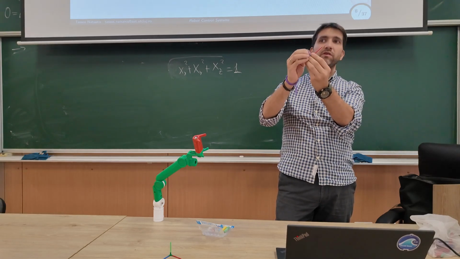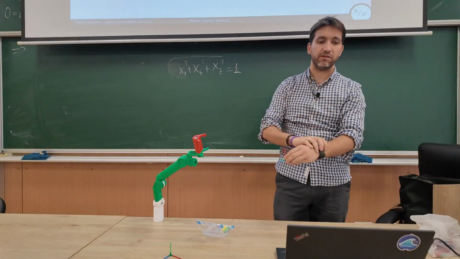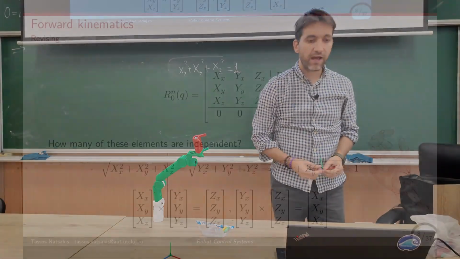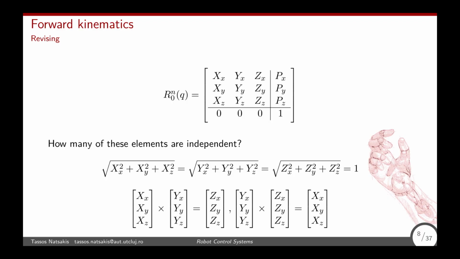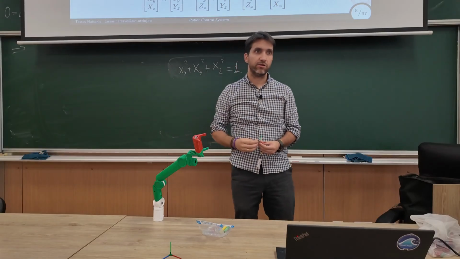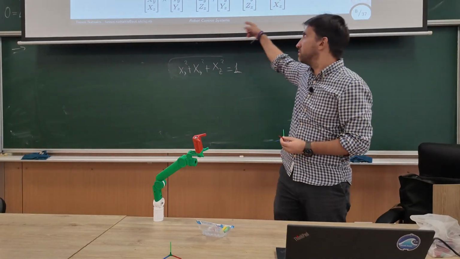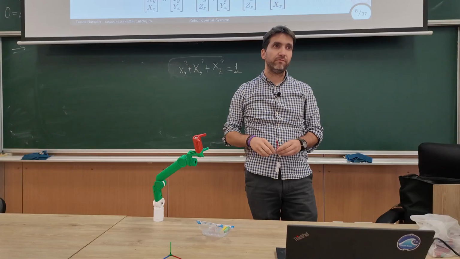It has to be perpendicular to these two. It has to have length 1. So basically I have these constraints as well, which tell me the cross product between x and y is z, between y and z is x. I could write as well that between z and x is y, but this is basically a circular constraint. It's not an extra constraint. It gets derived from these two.